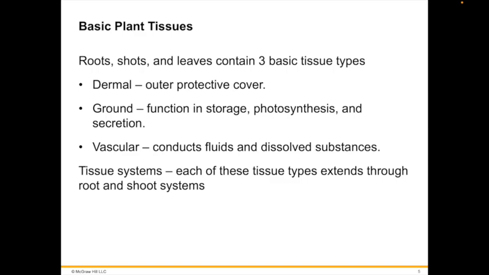Ground tissue cells function in storage, photosynthesis, and secretion in addition to forming fibers that support and protect plants. Vascular tissue conducts fluids and dissolved substances throughout the plant body. Each of these tissues and their many functions are described in more detail in just a few.